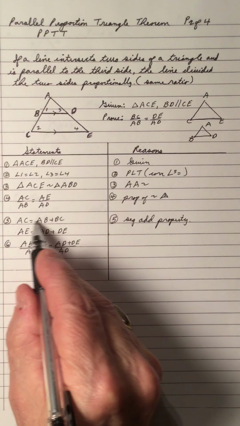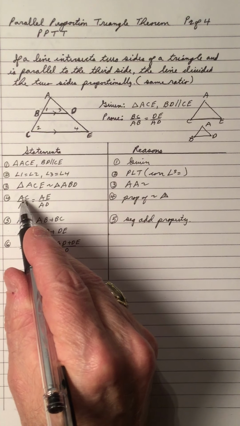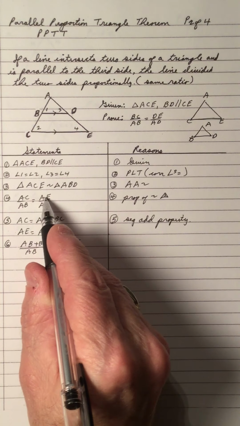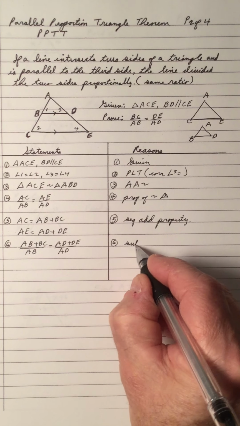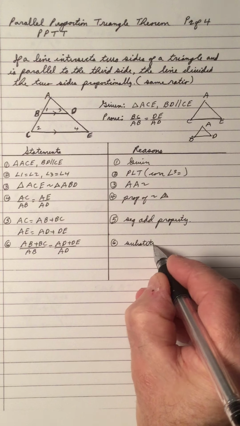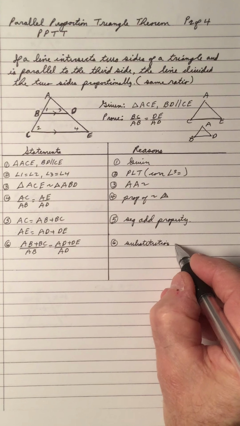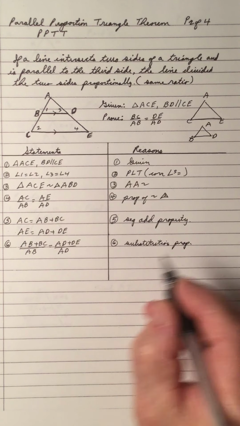So notice I'm taking these two and substituting right here and here to come up with this, and that's what we call the substitution property, because I'm substituting in.